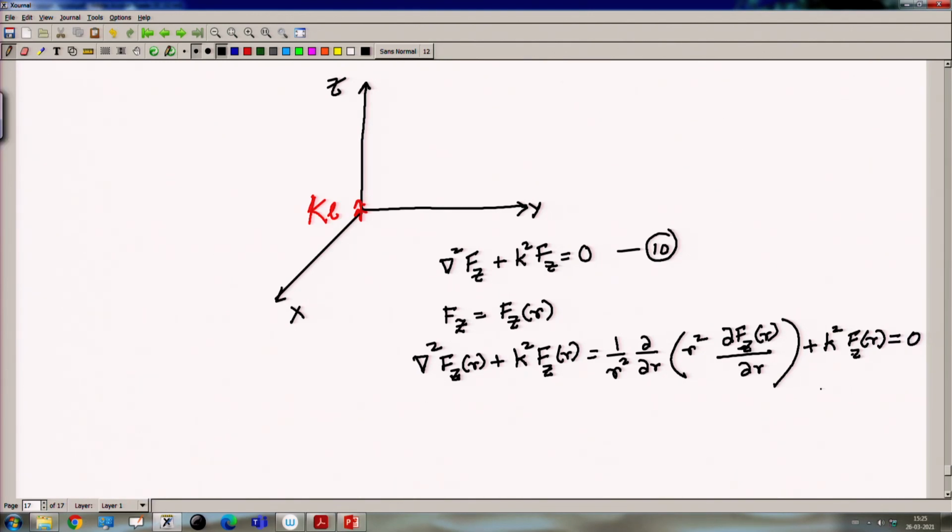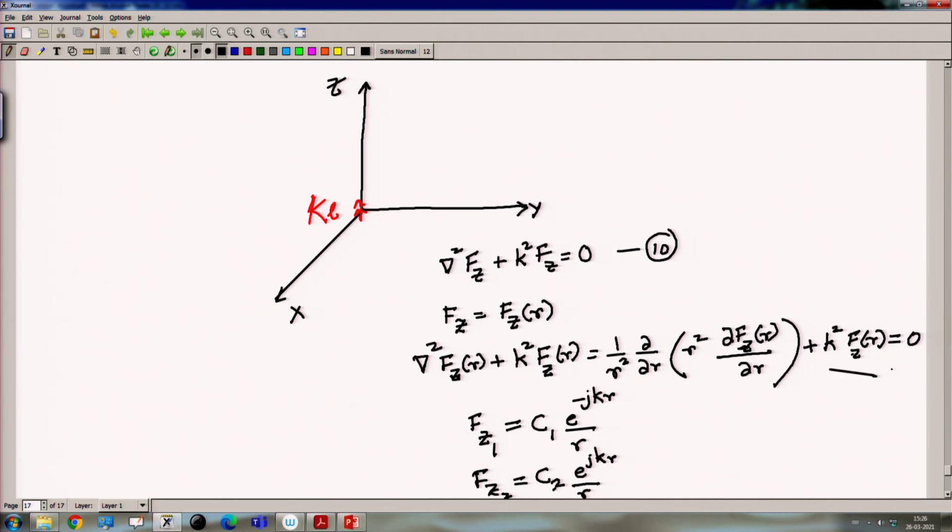Again, this differential equation has two independent solutions given by f z 1 equal to C 1 e to the power minus j k r by r, and f z 2 equal to C 2 e to the power j k r by r.